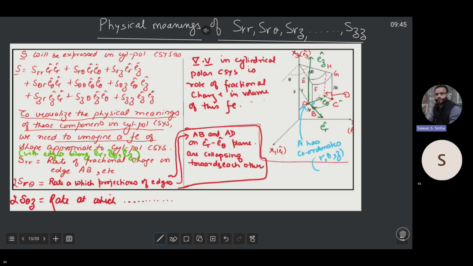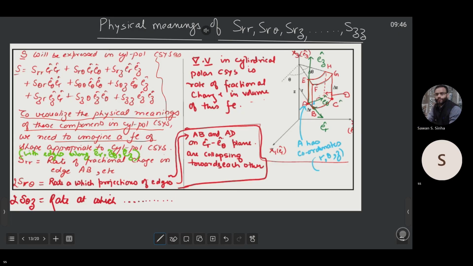And then you talk about AB, AD, AE, their projections on 1, 2, 2, 3, 3, 1 plane. When you are working with cylindrical polar coordinate system, you have to do justice to the shape of the fluid element that you are taking. The fluid element of a cylindrical polar coordinate system should be like this. This is the shape of the small fluid element that you should take to interpret the physical meanings of these things. I hope you are able to visualize the shape of the fluid element.